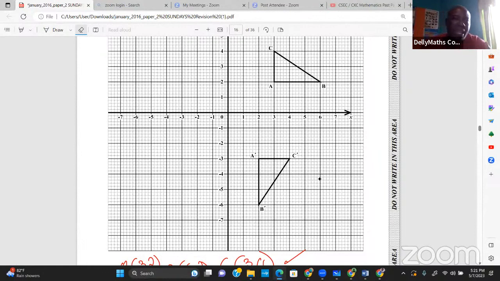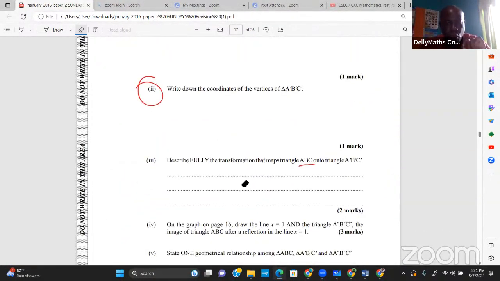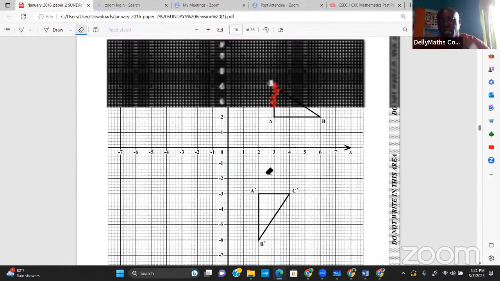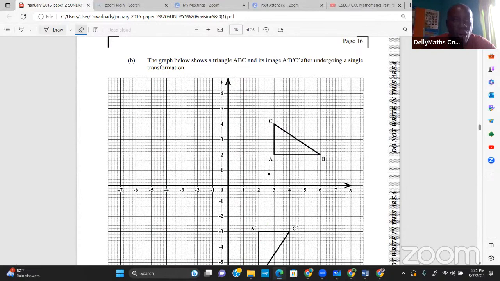Now, because we realize it's a rotation, we want to find the center of the rotation and the angle of the rotation, right? So the direction, the angle. So look at the question. They're talking about what moves ABC onto, right? So ABC is our object in this case, to this image, right?